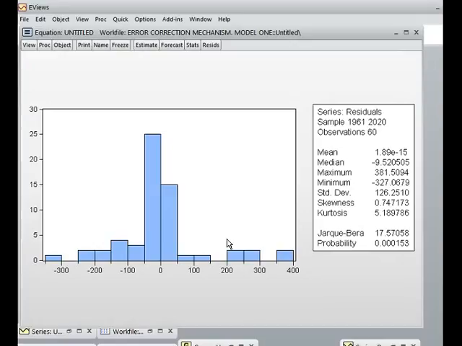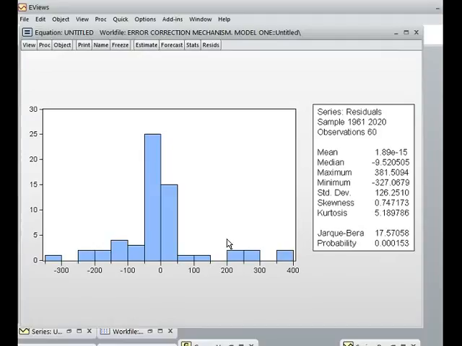So these are the bad sides of our error correction model. So we have to design our error correction model in such a way that these two problems cannot come up.